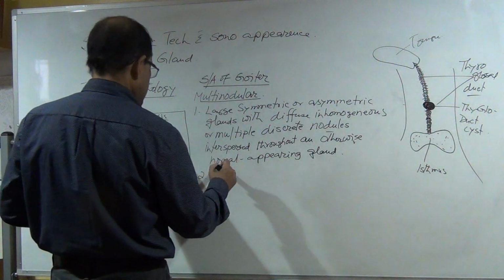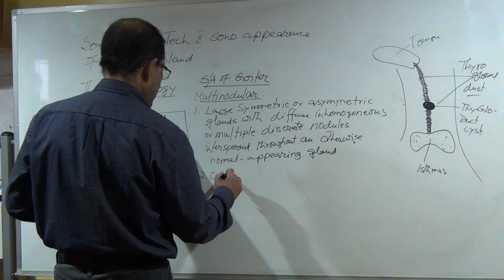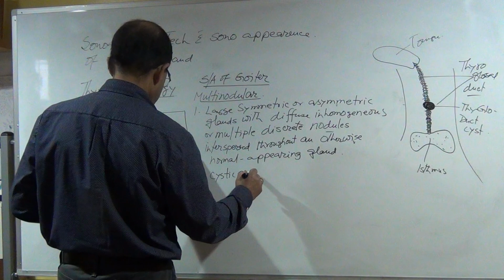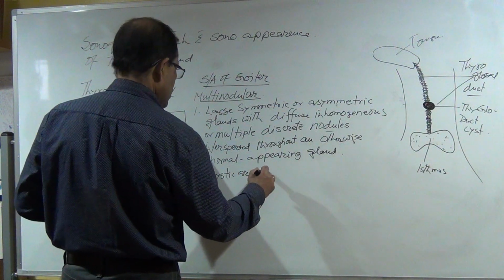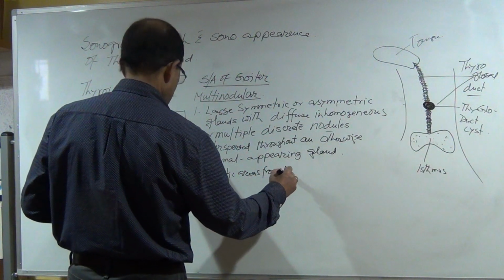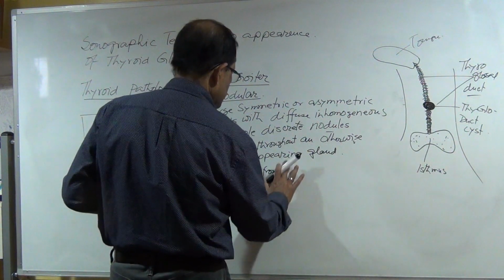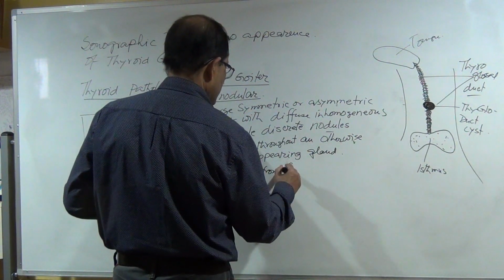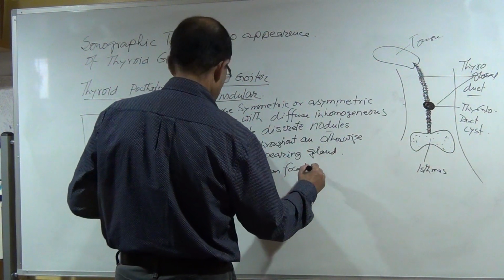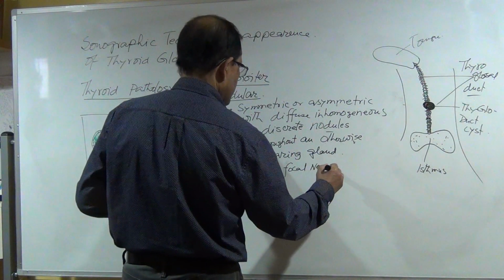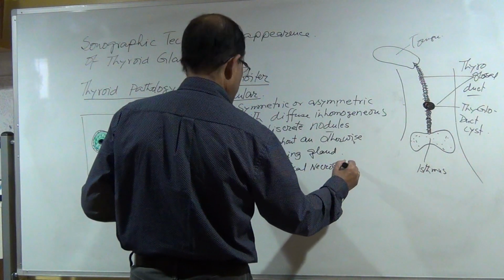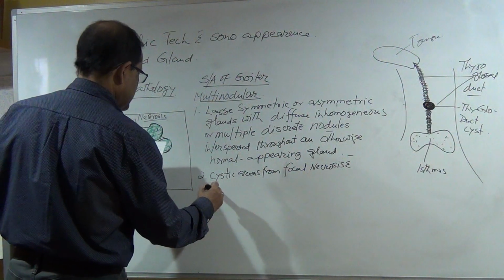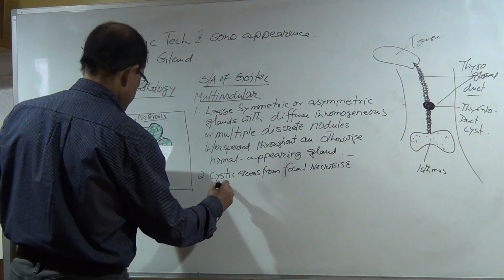So now you can see the cystic areas from focal necrosis and punctate calcifications.